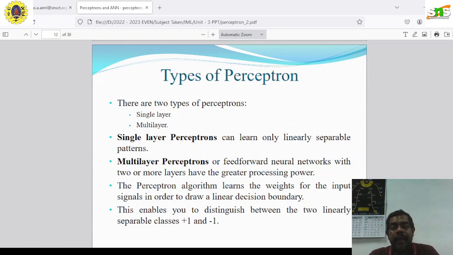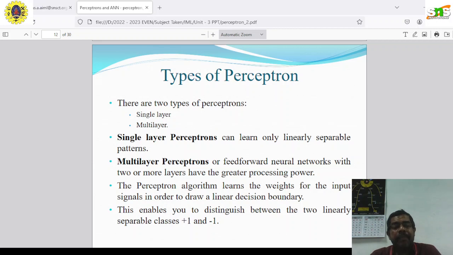Our next type is called the multi-layer perceptron, or feed-forward neural network. This kind of multi-layer perceptron has two or more layers and has greater processing power.